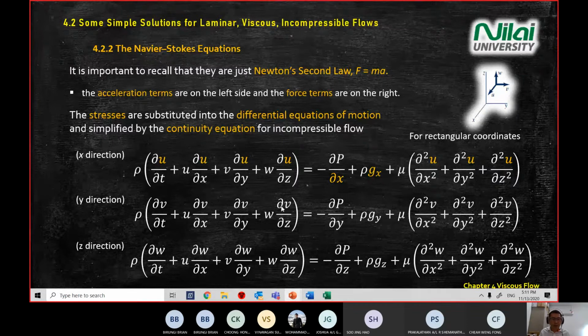Y becomes v, g_y, v; z becomes w, and then g_z, w. This is the different structure, but in general they are quite similar, only changing the velocity component and the gravity component. Okay.